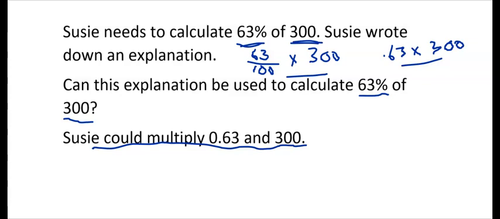In that situation, if you had 63 times 3, because you did 300 divided by 100, that would actually give us the same answer as well. So if Susie could multiply 63 times 3, since we already divided by the 100 here, so you can divide either side, either the percent or the number, by 100, and as long as you do either one of those, you are actually getting the right calculation.